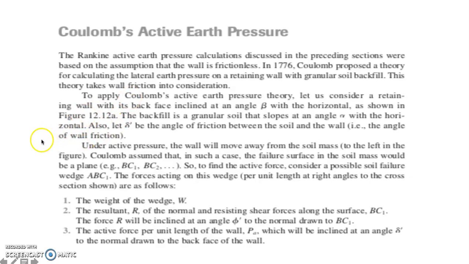So if we're going to apply Coulomb's active earth pressure theory, we have to consider a retaining wall with its back face inclined at angle beta with the horizontal.